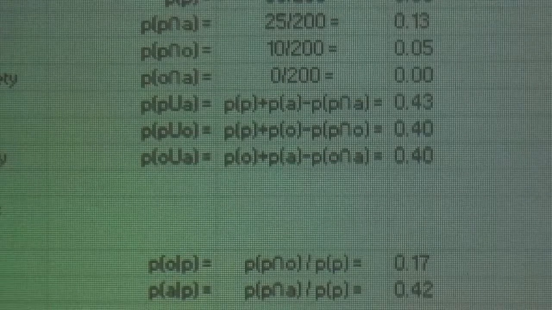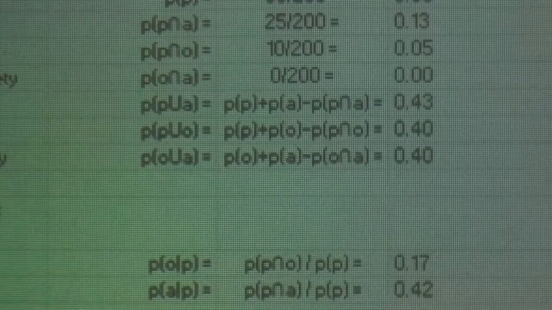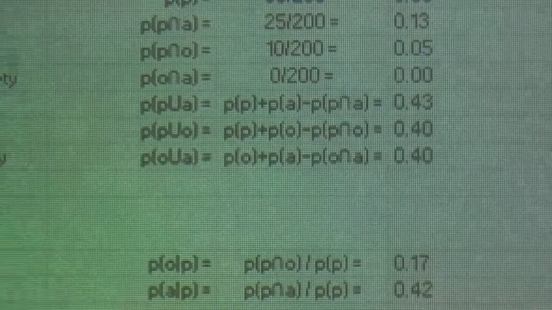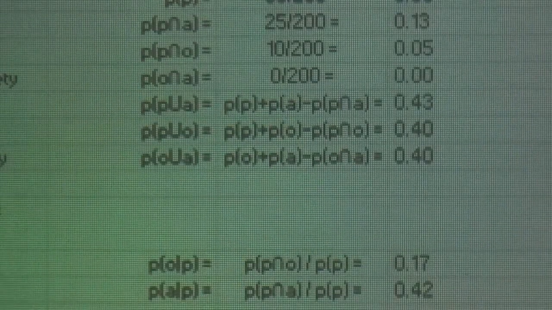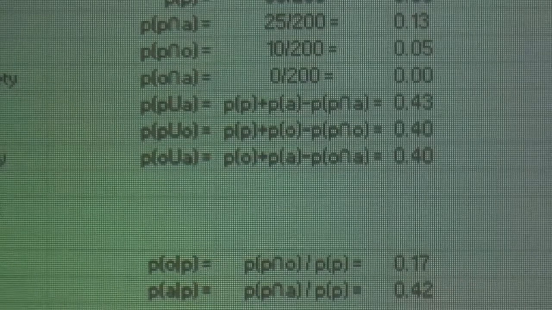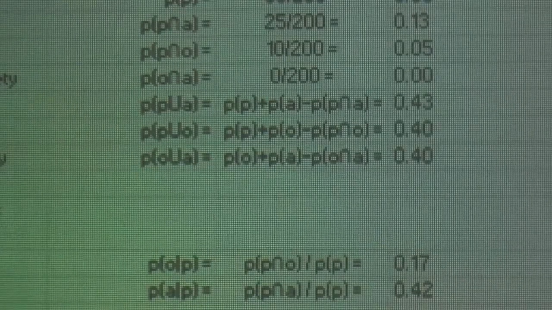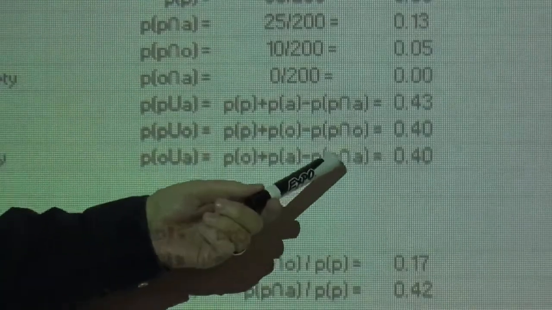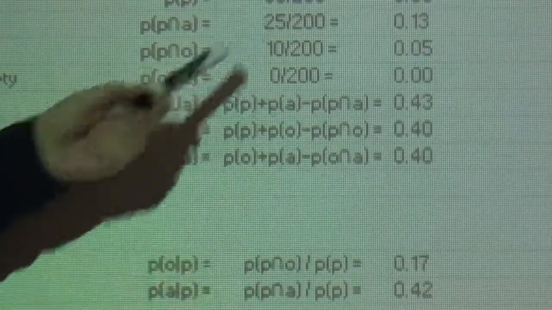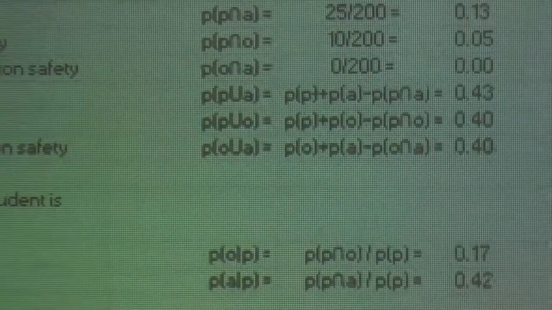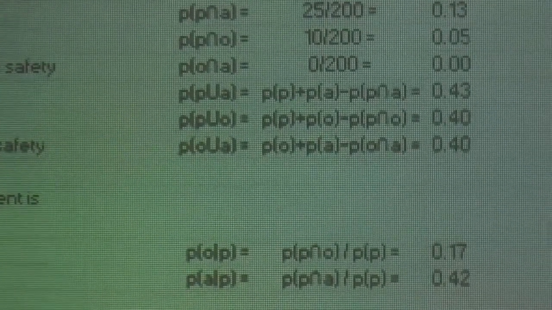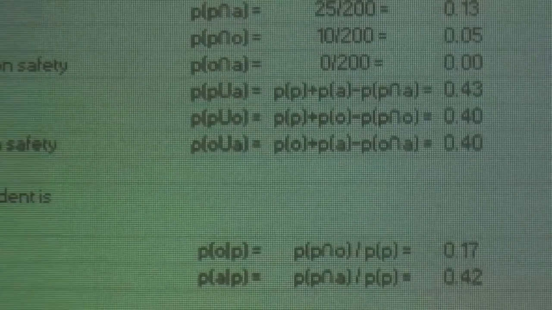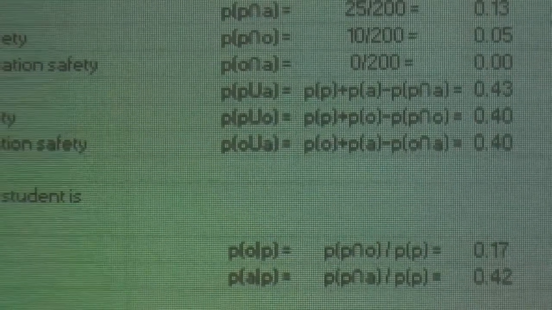Pilot or occupational, we have both of those, and then this intersection, and likewise occupational or aviation. And since that's the null set, it's just the addition of those two. So far, so good? Like I said, it's not particularly hard, it's just tedious.